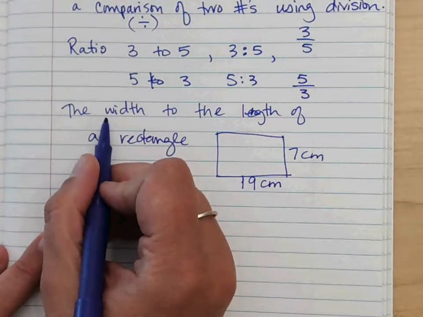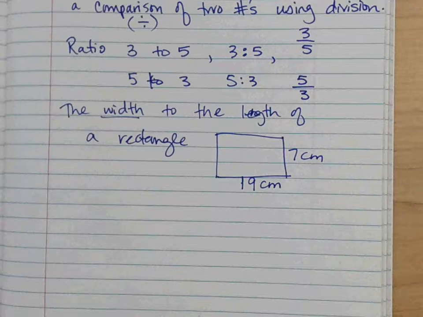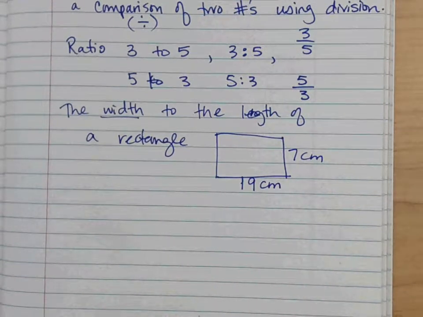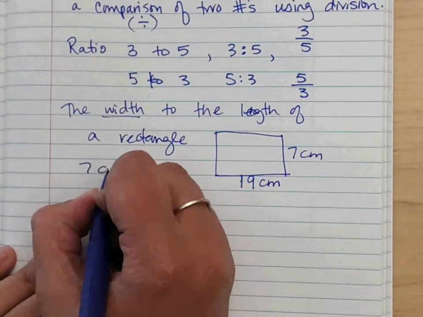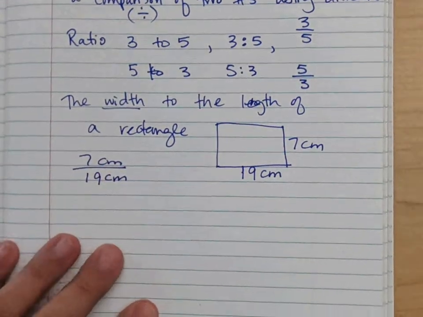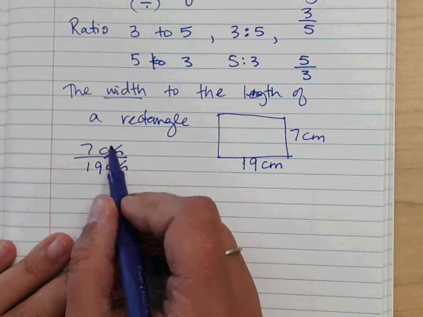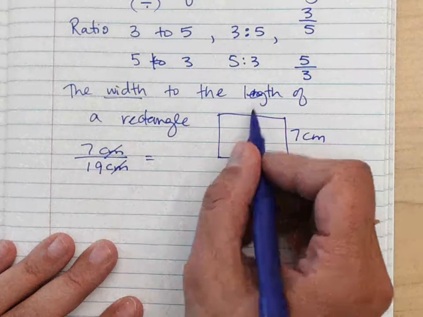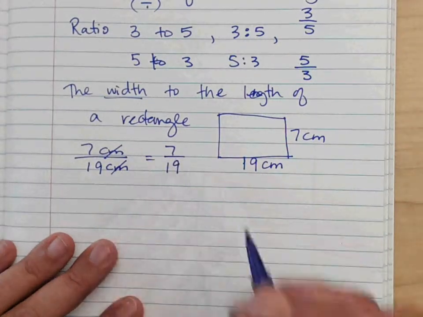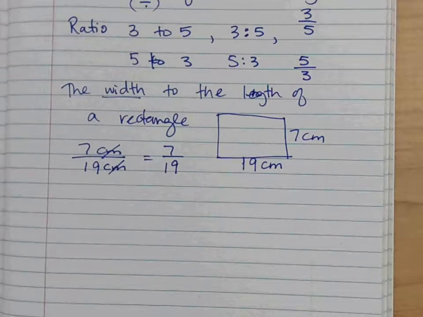So when I say the width and then I say 7 centimeters first, that's the number that corresponds to the width. So 7 centimeters to 19 centimeters. Now, one thing to notice is that the centimeters, because centimeters divided by centimeters, would cancel. So we could say the width to the length is 7 to 19. And some of these examples are coming from your book too, so you can actually look through the textbook at these. Okay, let's do another example.